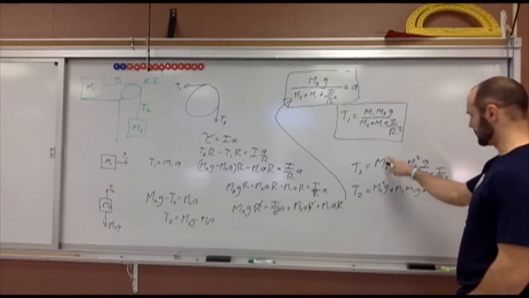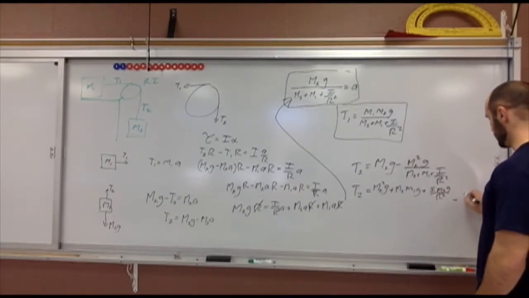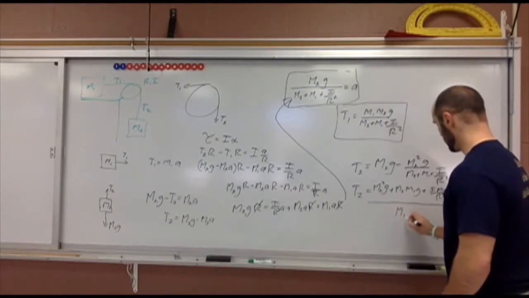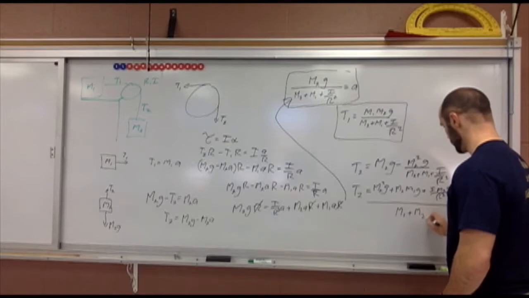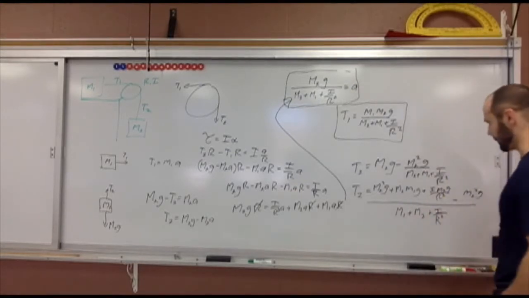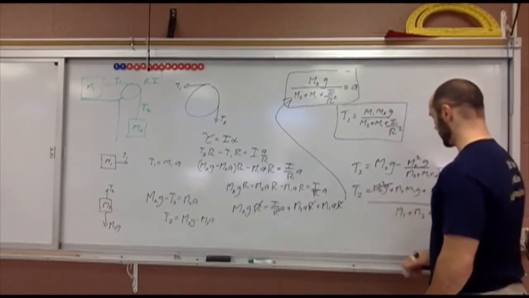Right, so I made this into a fraction. I multiplied this by that. Minus M2 squared G all over M1 plus M2 plus I over R squared. And then this and this cancel out.